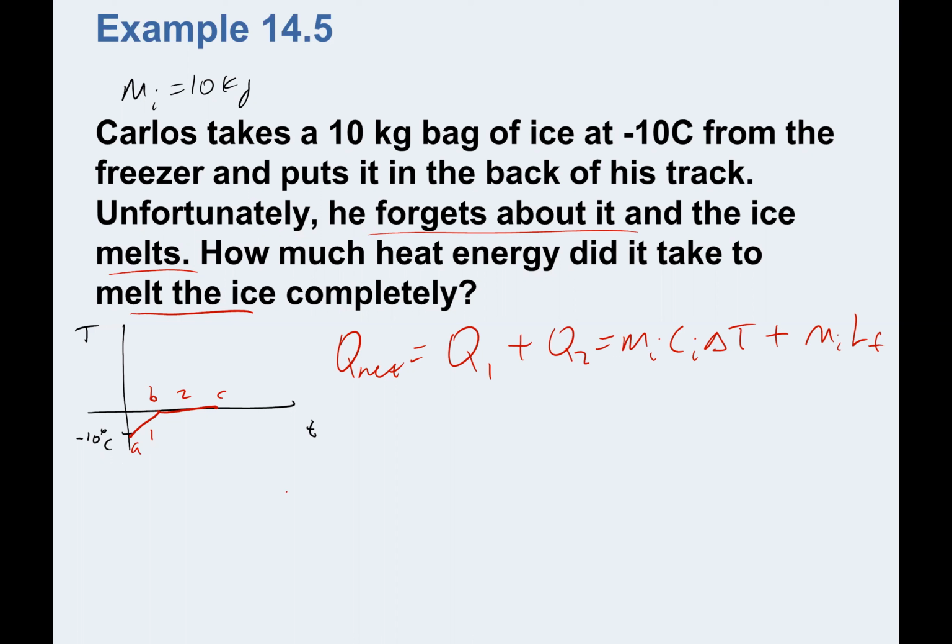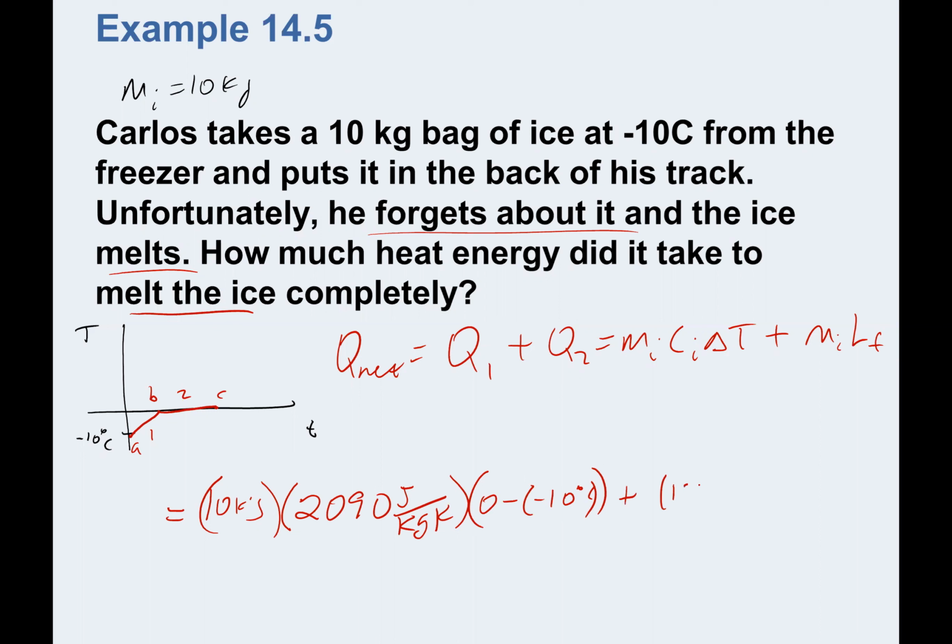All right, so let's calculate this. 10 kilograms times specific heat of ice, remember, that technically is 2100, or you can write it as 2090, which is a little more accurate, but 2100 will give you almost the same thing. So joules per kilogram Kelvin, and change in temperature, remember, is 0 minus negative 10 degrees Celsius or Kelvin, doesn't matter for us.